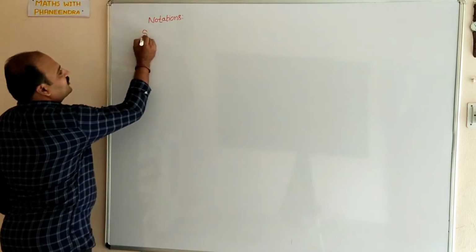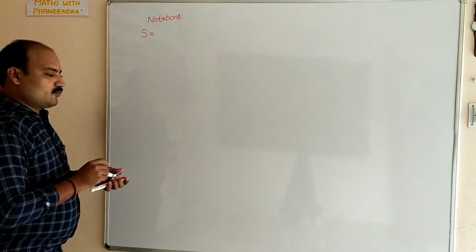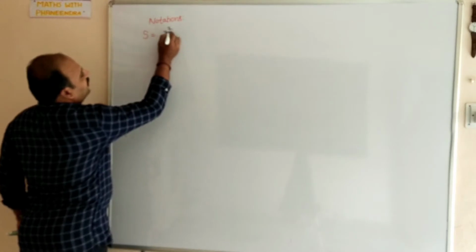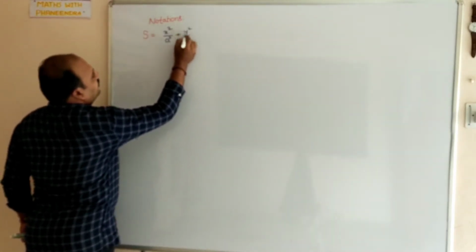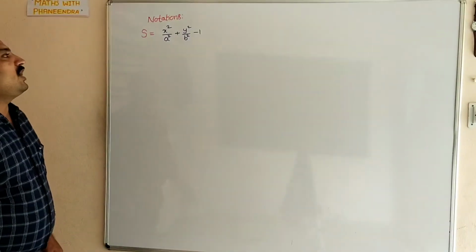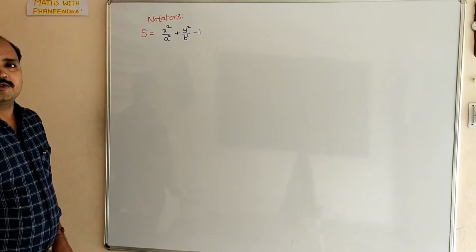Here S represents the equation of ellipse, x square by a square plus y square by b square minus 1. This is the value of S. S means equation of ellipse.